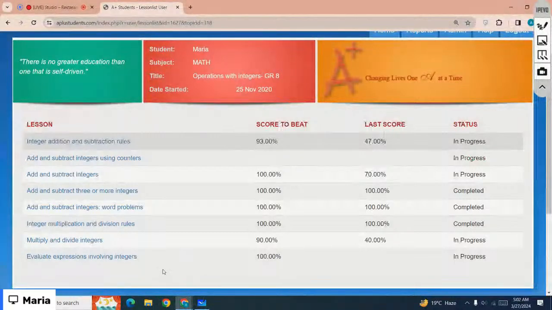We're going to start with the first lesson, that is integer addition and rules.